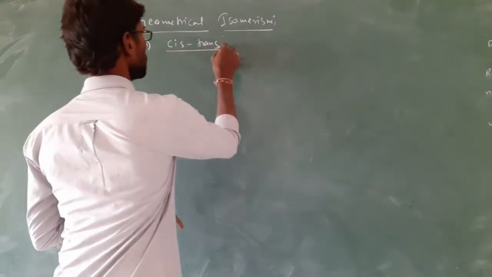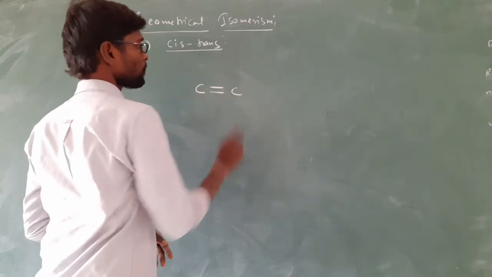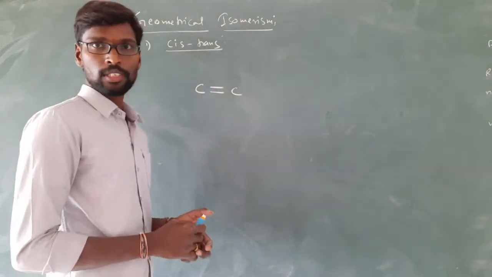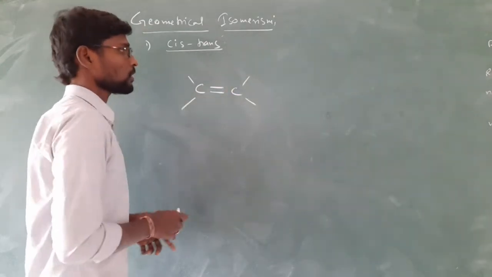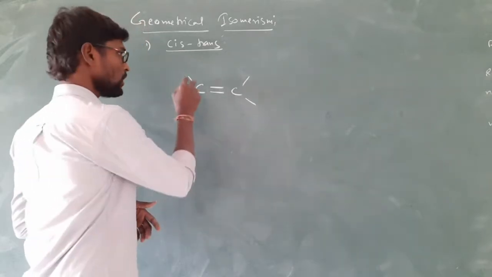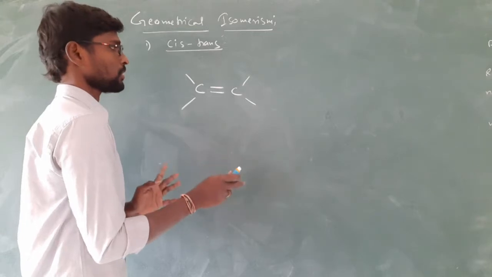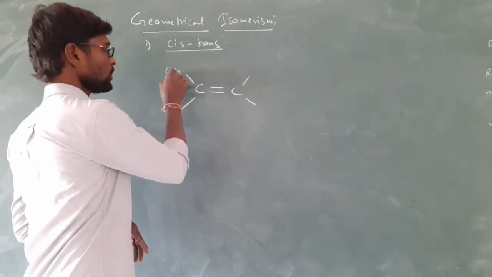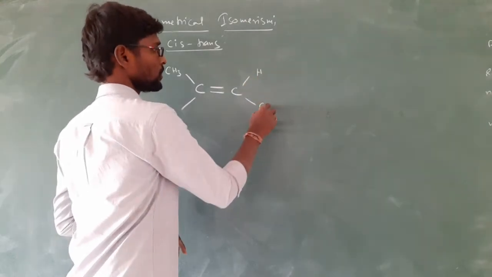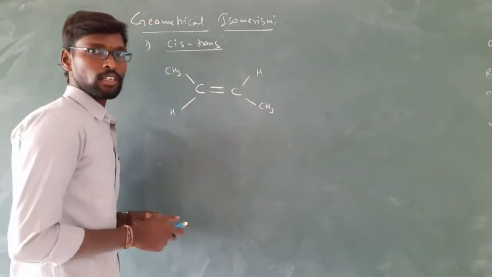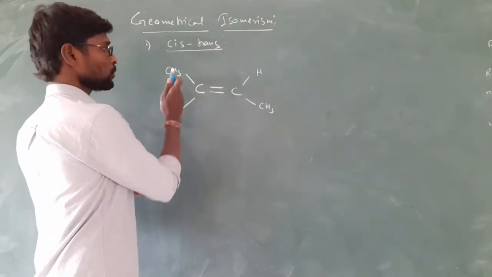Now cis and trans means, suppose I am taking an example of C double bond C. How to give cis and how to give trans, we discuss first. On this carbon you have two groups, and on the other carbon also two groups. Suppose I take CH3 and H here, and here also H and CH3. On each carbon the two groups are different.